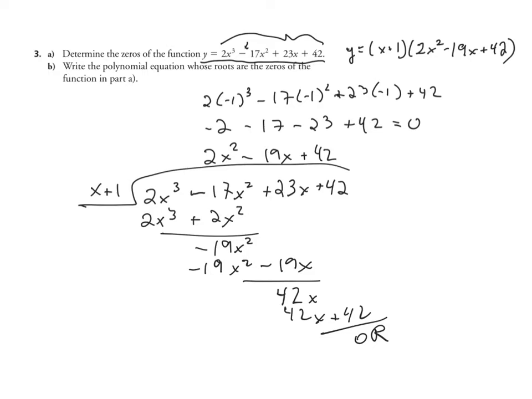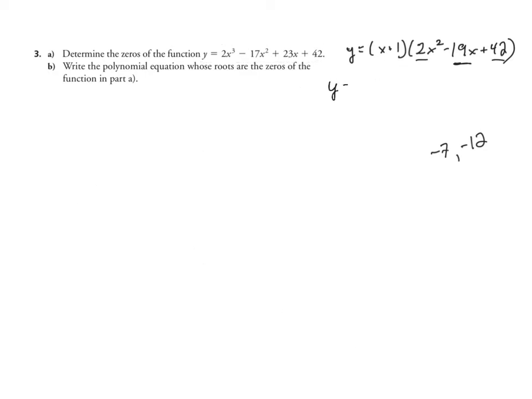All right, let me find two numbers that add to give negative 19 and multiply to give 84. I think negative 7 and negative 12 should work. So we can say this is, here, let me erase this stuff here. We're going to y equals x plus 1 times 2x squared.